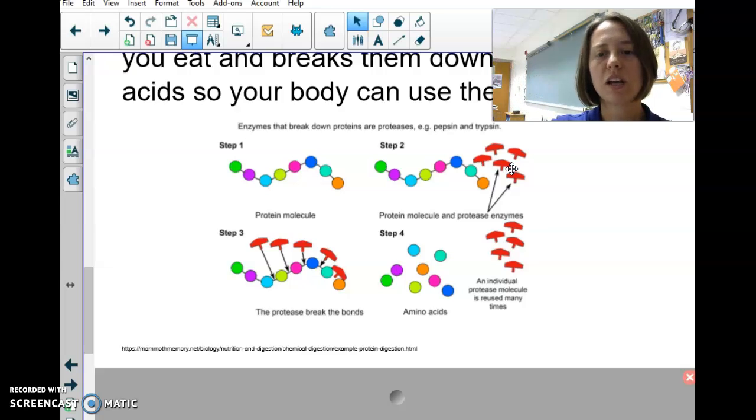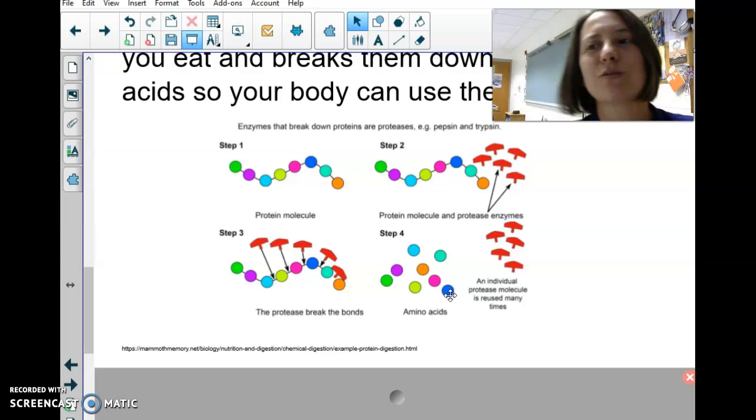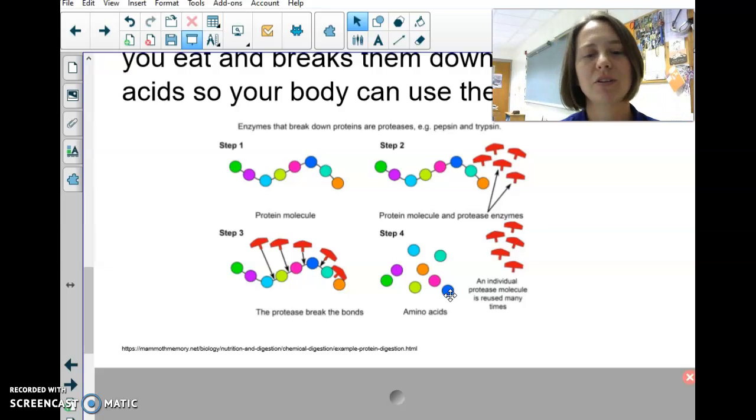So the proteases come and break down that protein into its amino acids, and then your body absorbs those amino acids and brings them to the cell where it needs them. Let's say that arm cell, so you can make those myosin fibers for all your new muscle fibers.